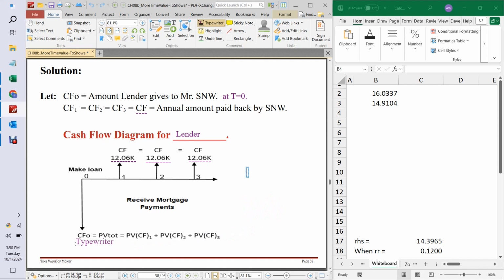So what's the CF0? What's the dollar amount for the lender? It's the present value of the first cash flow plus the present value of the second one plus the present value of the third one. As usual, the total CF0 is made of these 3 blobs.